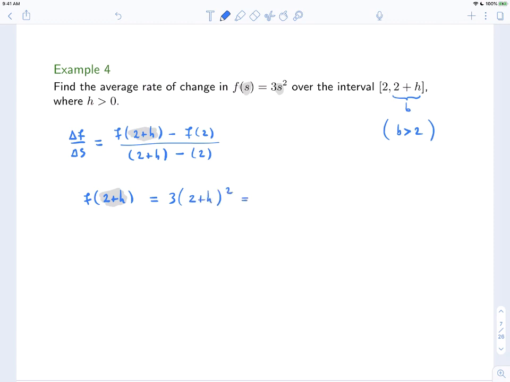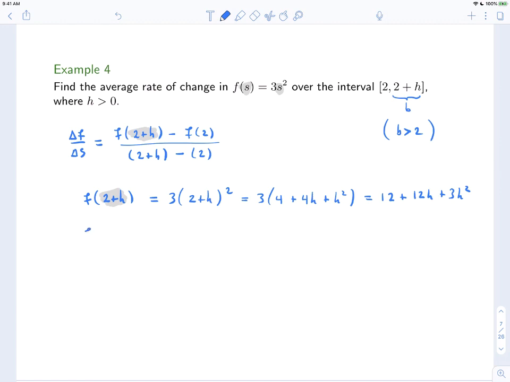So that's 3 times 2 squared, which is 4, plus 2 times h is 4h, plus h squared. So if we want, we could just multiply that out. So 12 plus 12h plus 3h squared. So that's f of 2 plus h.